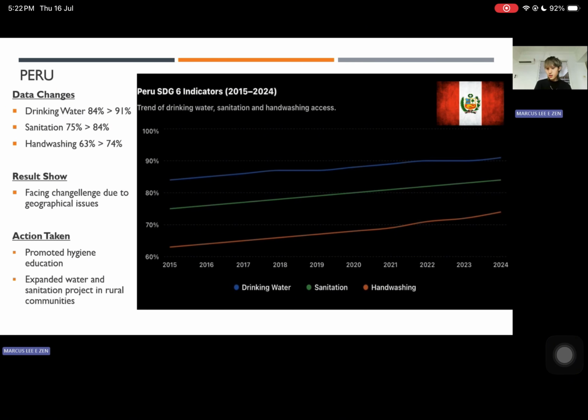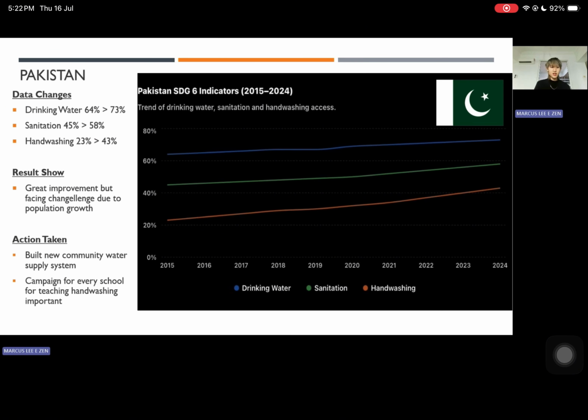Next is Pakistan. Pakistan has shown encouraging progress, with drinking water increasing from 64% to 73%, sanitation from 45% to 58%, and hand washing from 22% to 43%.